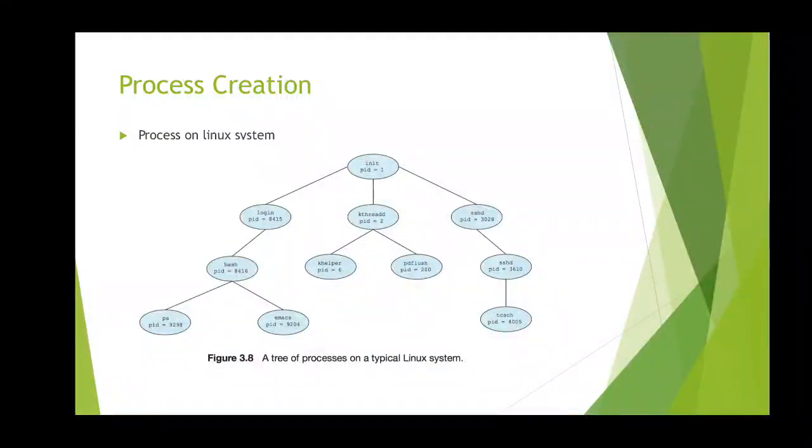Here you can see a tree of processes in a typical Linux system. In this system, you can see the parent of all the processes is init, and it has a process ID of 1.